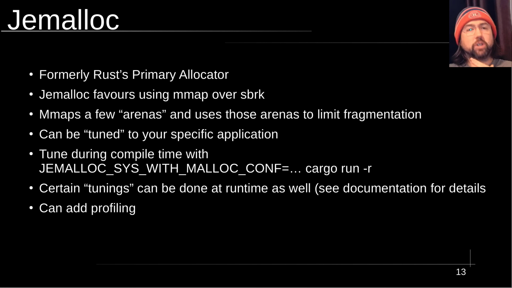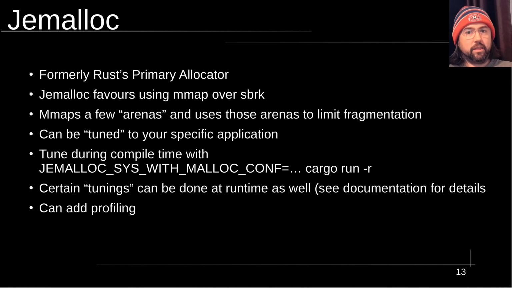So first of all, let's talk about jemalloc a little bit. It's formerly Rust's primary allocator. Many years ago in internet time, when Rust shipped, the compiler said you are going to use jemalloc. You're not going to be able to choose what allocator you want. You get jemalloc and have fun with it.